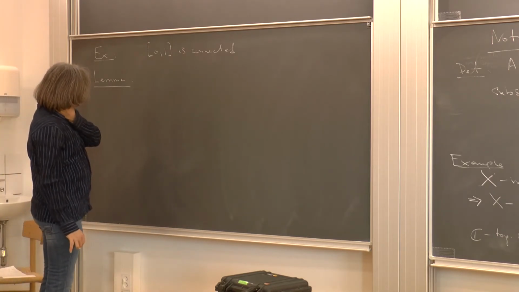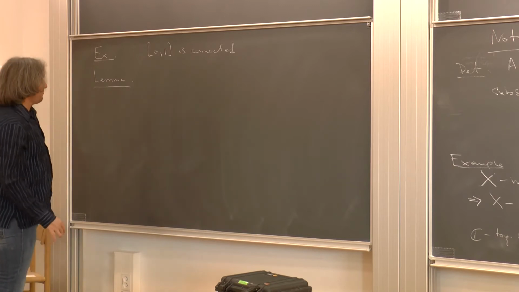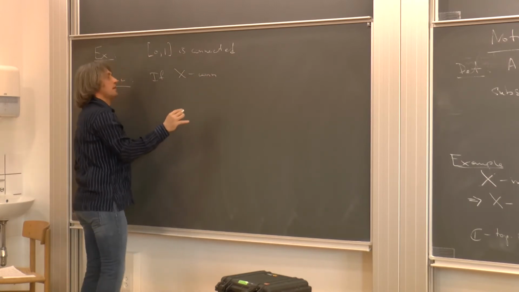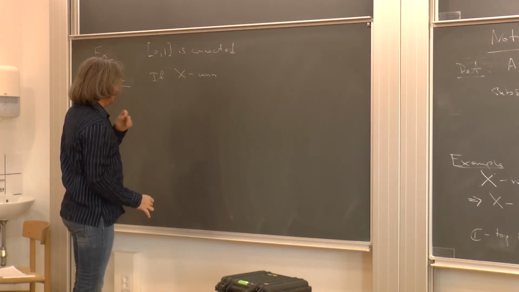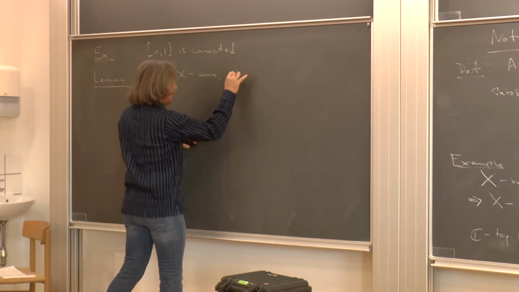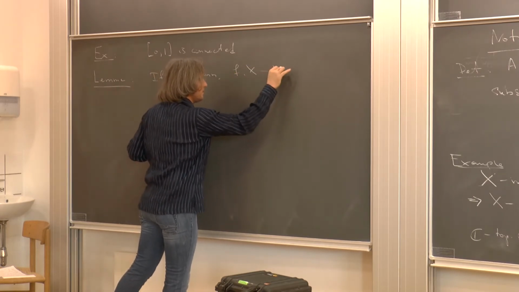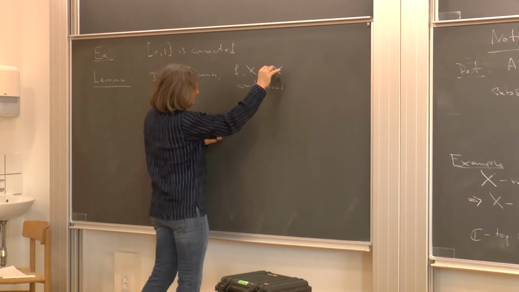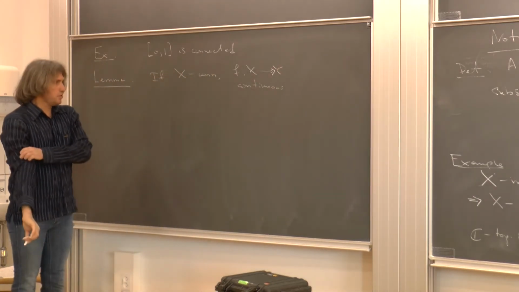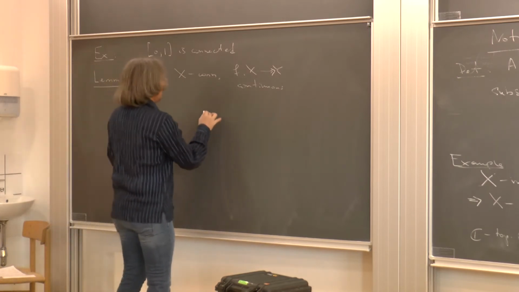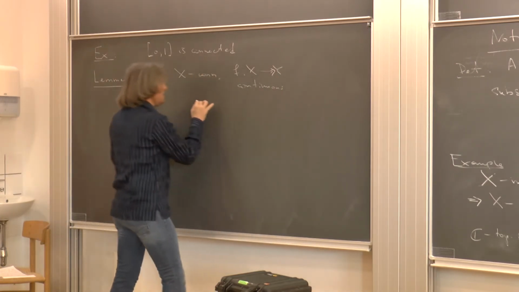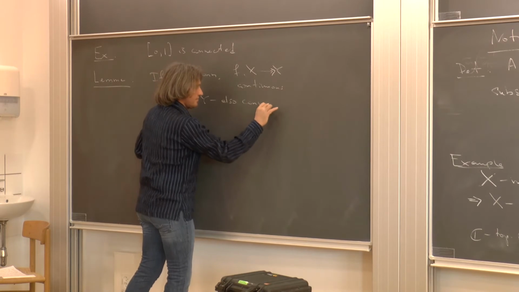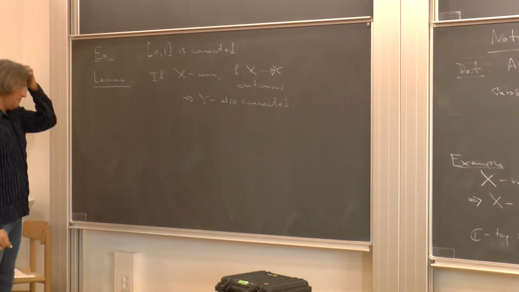The lemma says that if X is connected and we have a continuous map F from X to Y, continuous, and let's say surjective, otherwise I would be talking about the image, then Y is also connected.